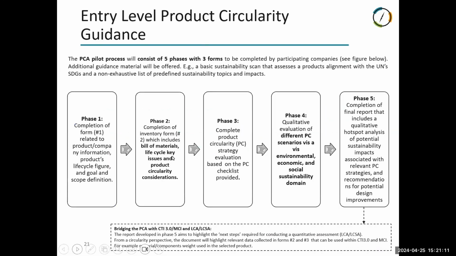Next slide, please. So in this context, the findings from these 21 interviews and as part of Orienting project, we developed an entry-level product circularity guidance for users to enable them to begin their circularity journey. Now, this guidance consists of 5 steps or phases, and then we developed 3 forms to be completed by the relevant stakeholders.